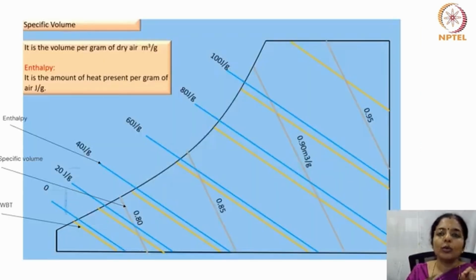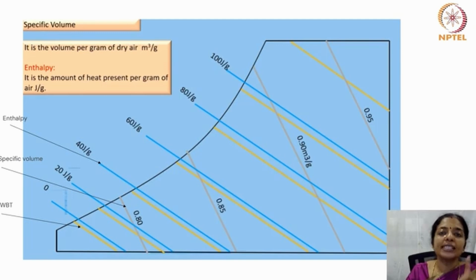Specific volume is the volume of air per unit gram of dry air. Its unit is meter cube per gram. So specific volume is the volume per gram of dry air. Enthalpy is, if you have 1 gram of air, how much heat is present in 1 gram of air.